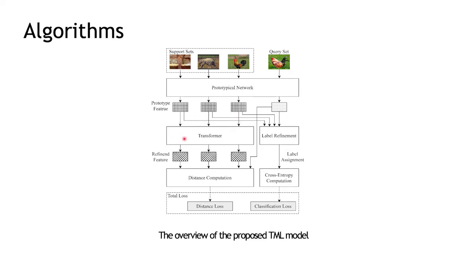Then the transformer and label refinement modules are designed for computing the distance loss and the classification loss, respectively. The total loss is a combination of the distance loss and classification loss calculated.